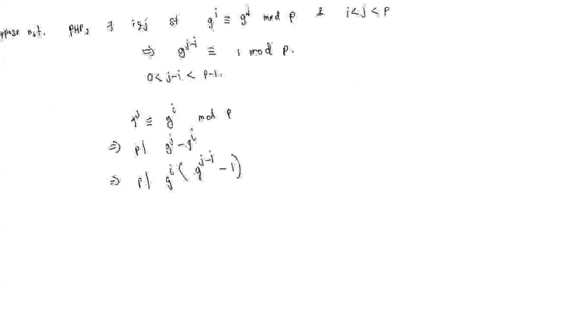But then I know that G to the power I and P have GCD 1. That implies that P divides G to the power J minus I minus 1.